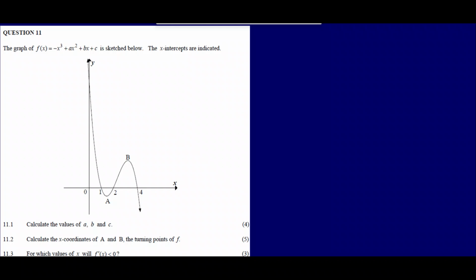So let's continue. So question 11. The graph of f of x, we have the graph of f of x there, and the equation is incomplete, right? Usually these cubic functions are x cubed plus bx squared plus cx plus d, right?